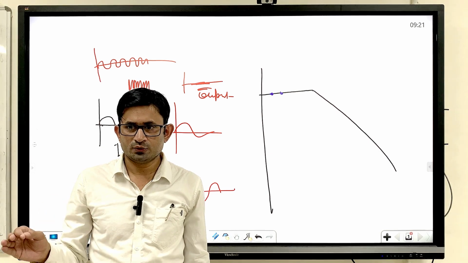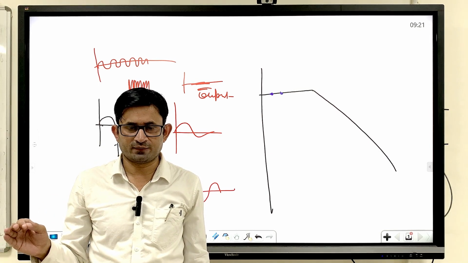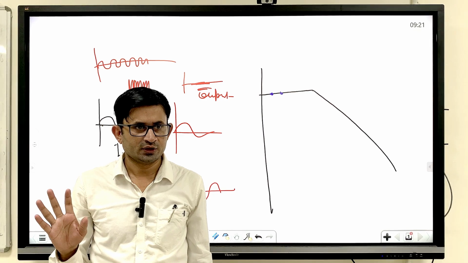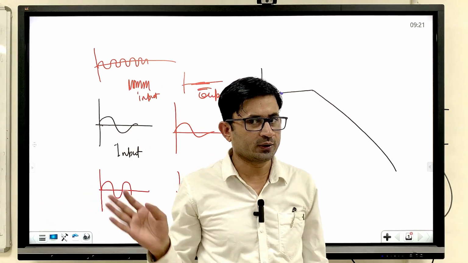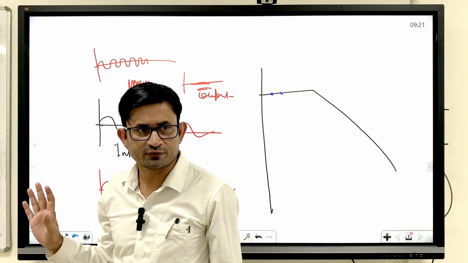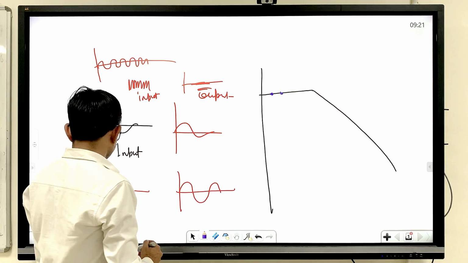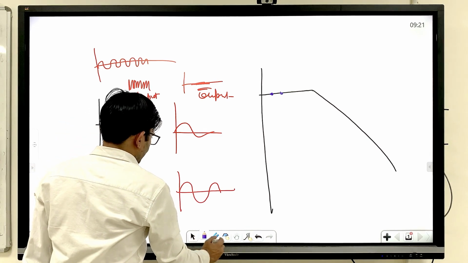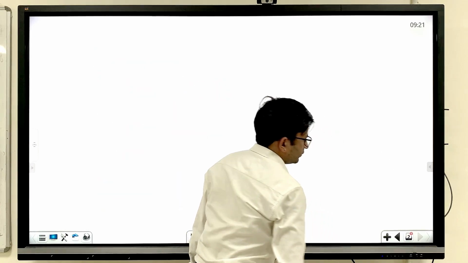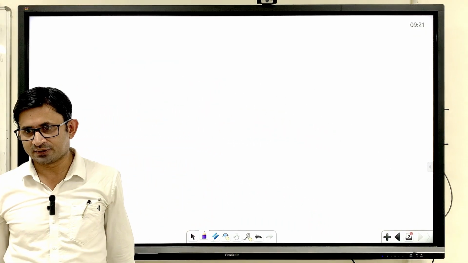But if any zero comes in the right half plane, then it is non-minimum phase. And for unstable systems also the Bode plot cannot be used. It is misleading information. So in that case, you may use the Nyquist stability criteria in order to comment on the system stability.